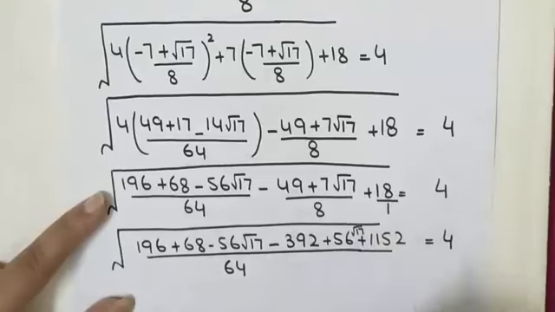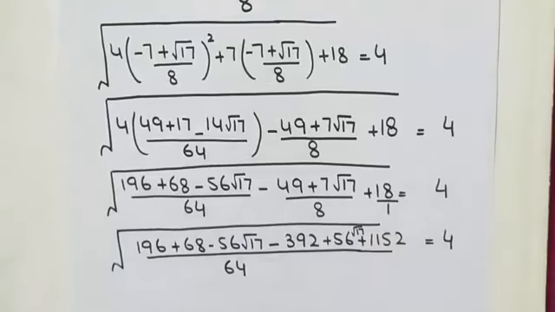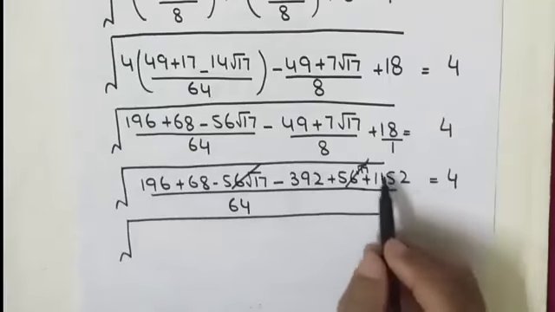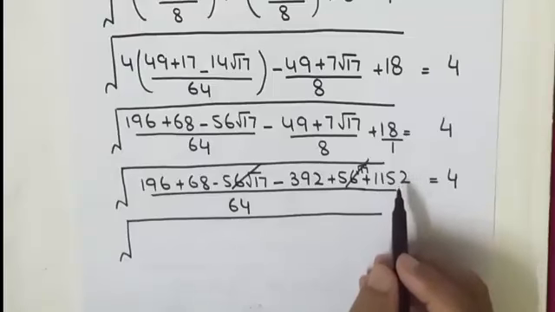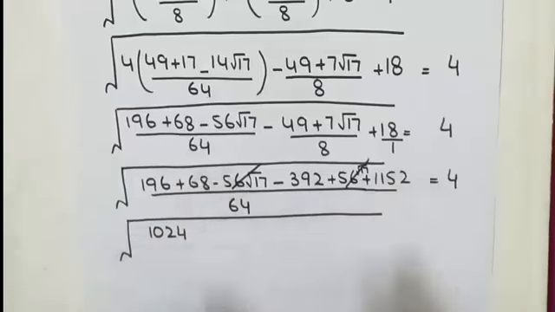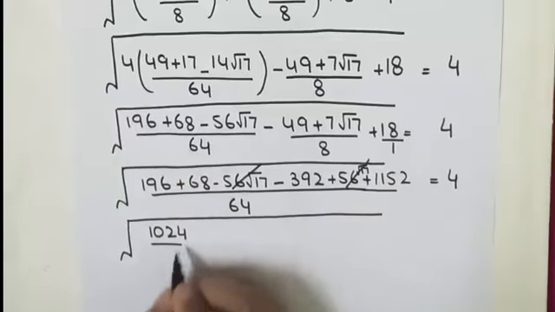Sorry, this is 56 under root 17. So minus 56 under root 17 and positive 56 under root 17 will be cancelled out. 196 plus 68 minus 392 plus 1152. This is equals to 1024. You can simply calculate it on the calculator.